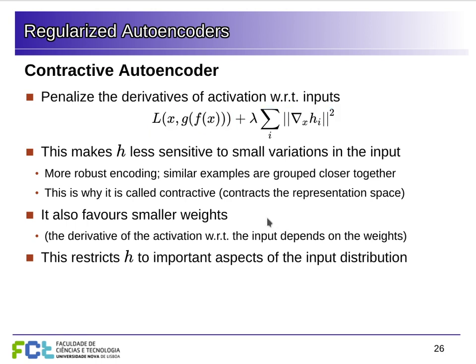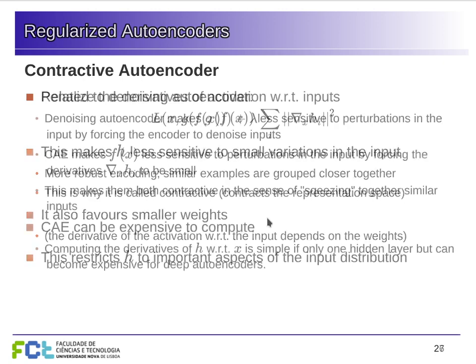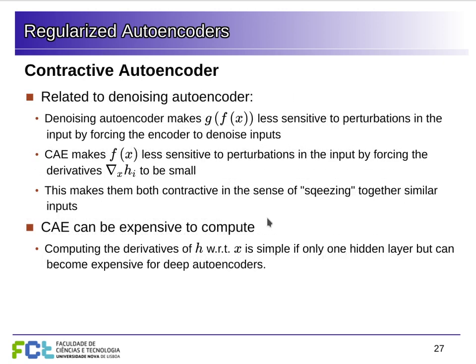What happens is that the network learns to create these reconstructions without being too sensitive to small perturbations in the input. The result is similar to a denoising autoencoder.